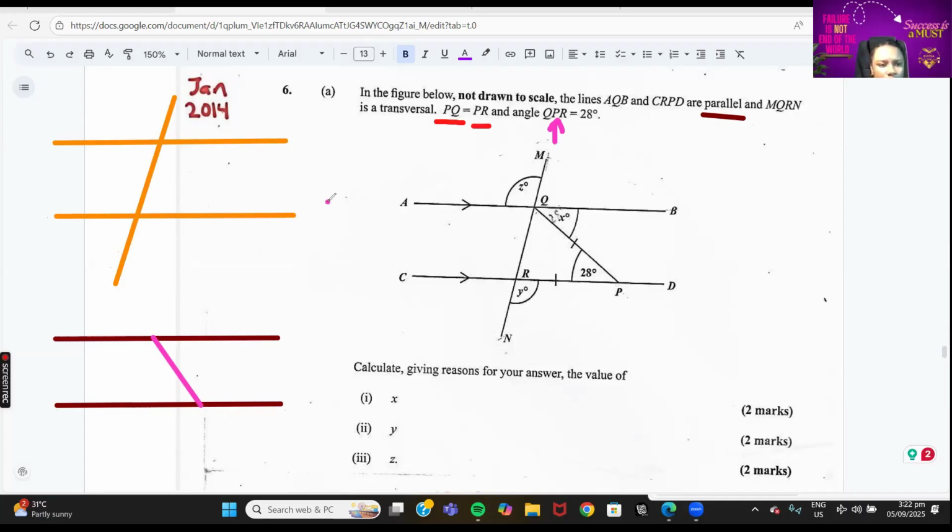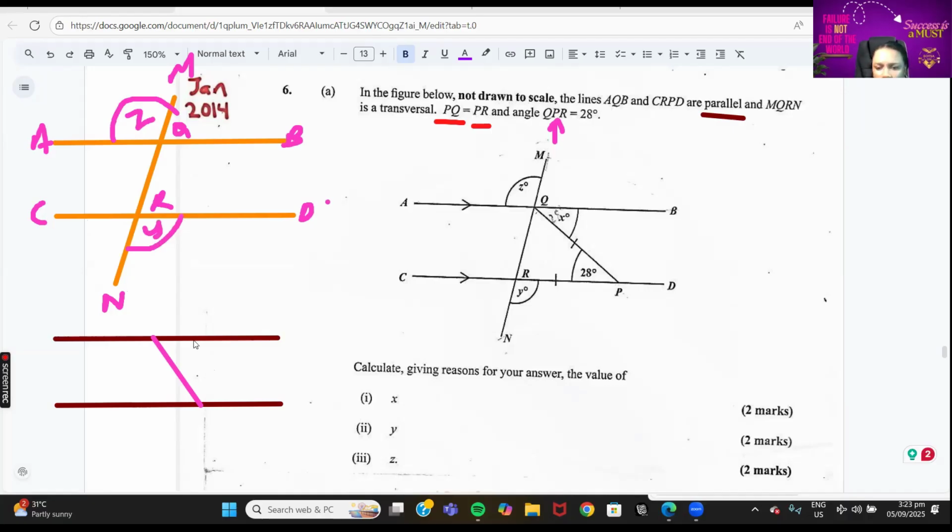So I'm just labeling. So this is A, B. This one is M, Q. R is over here. There's N below. There is C over here. There is D. What else do we need from this? Z is above here. Y is below here.